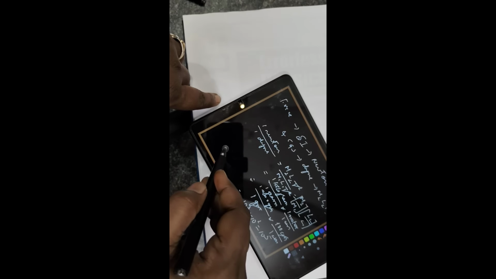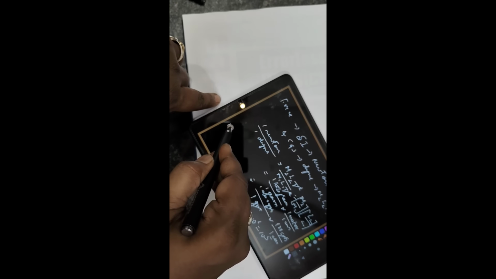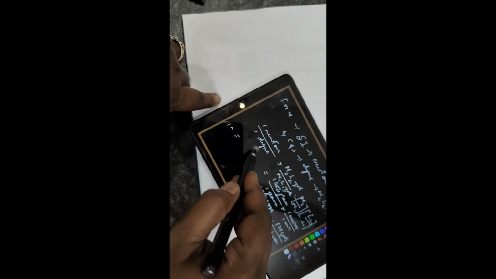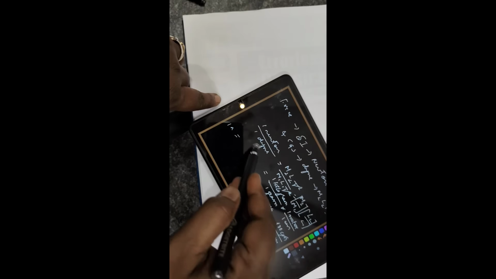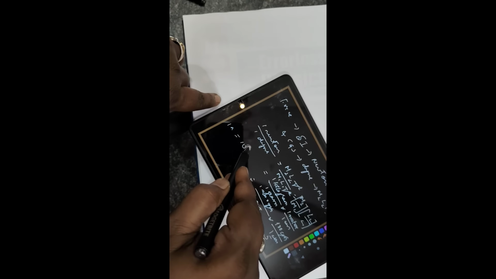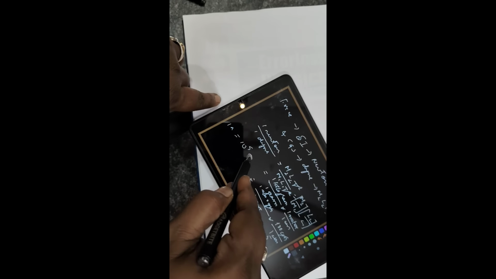So 1 Newton is equal to 10 to the power of 5 dyne. So this is how we have to write conversion of the unit from one form to another.